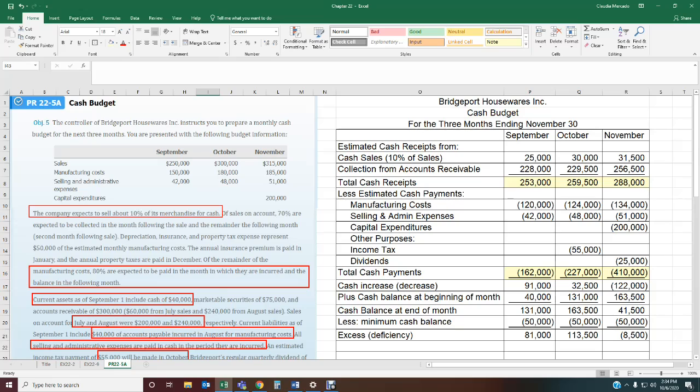Cash is an instrumental resource for all businesses, and they should be able to identify how much cash we are anticipating collecting, how much cash we are anticipating paying, maintaining a minimum balance required by management, and then identifying, are we going to be able to maintain that balance? Are we going to be over or short? So that is the end for problem 22-5A. Thank you.